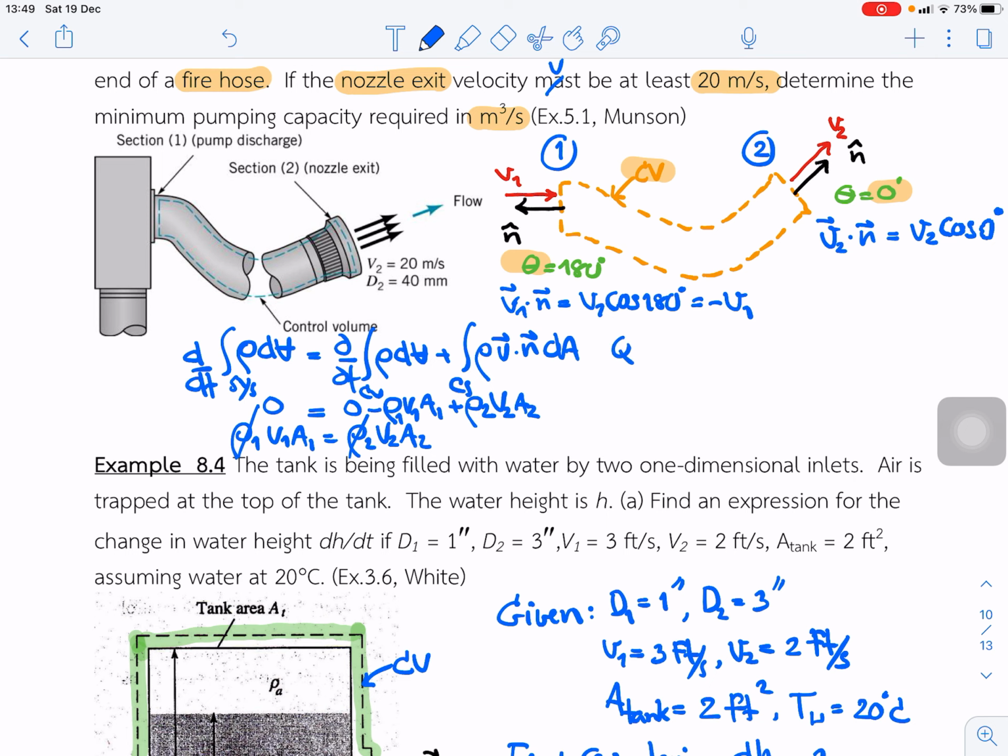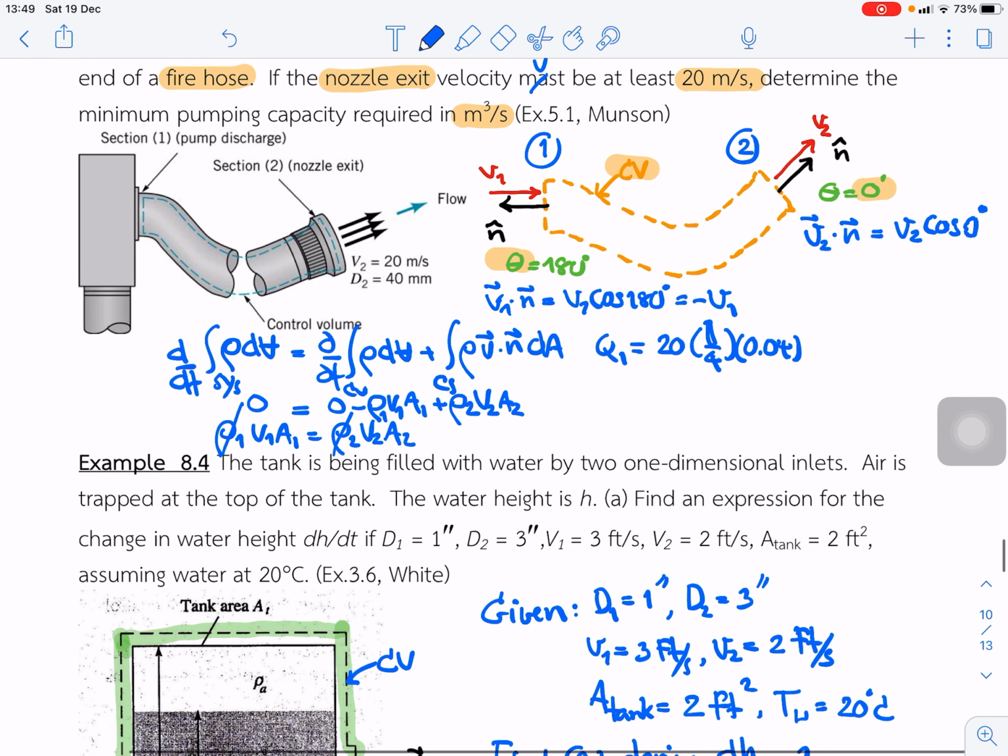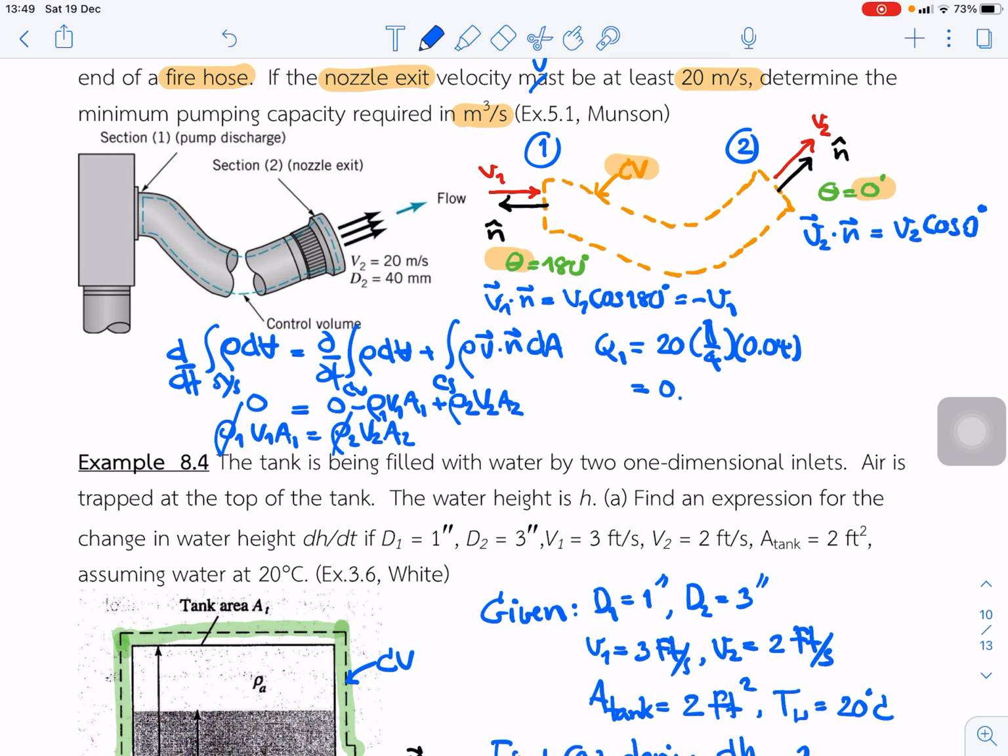So we can show that Q1, which is v1 A1, is equal to 20 meters per second times the area. So Q1 is equal to 0.025 cubic meters per second.